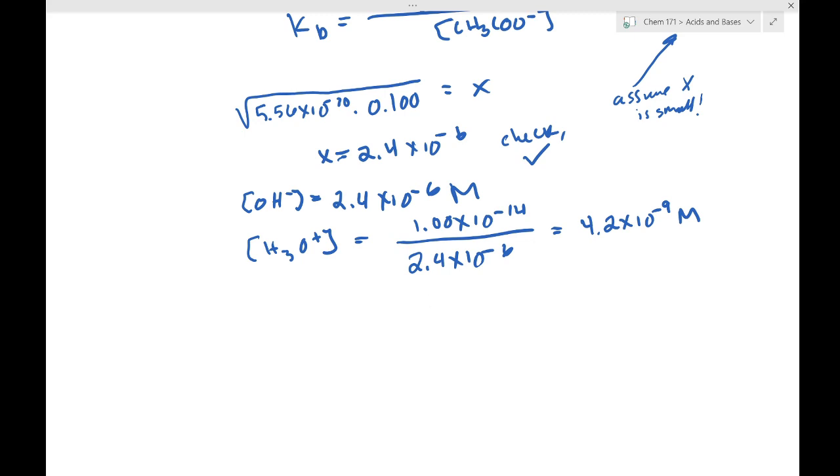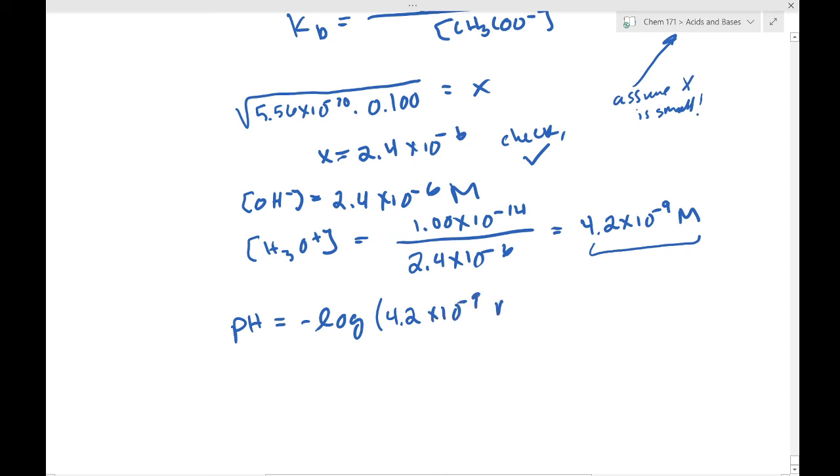So we have this H3O plus concentration here. All we have to do is plug that into our pH formula, negative log of the H3O plus concentration. In this case, 4.2 times 10 to the minus 9 molar, and that ends up equaling 8.38. I have two decimal places there because I initially put in something with two significant figures.